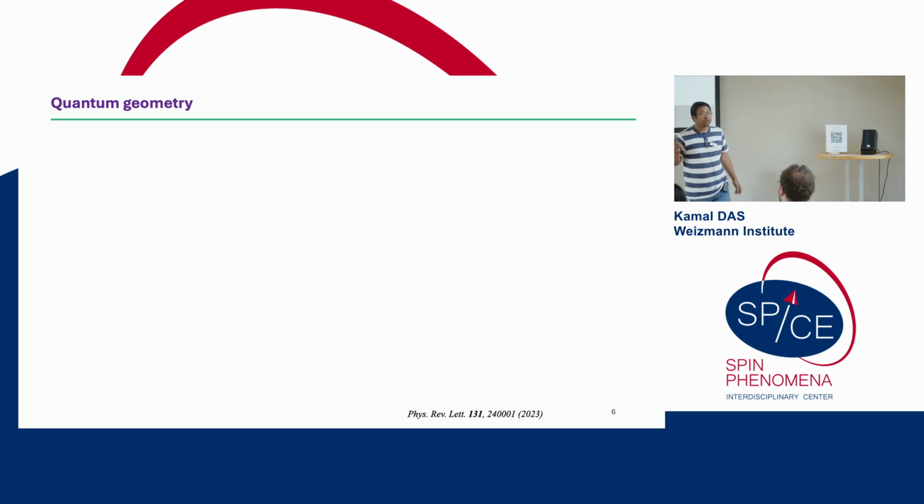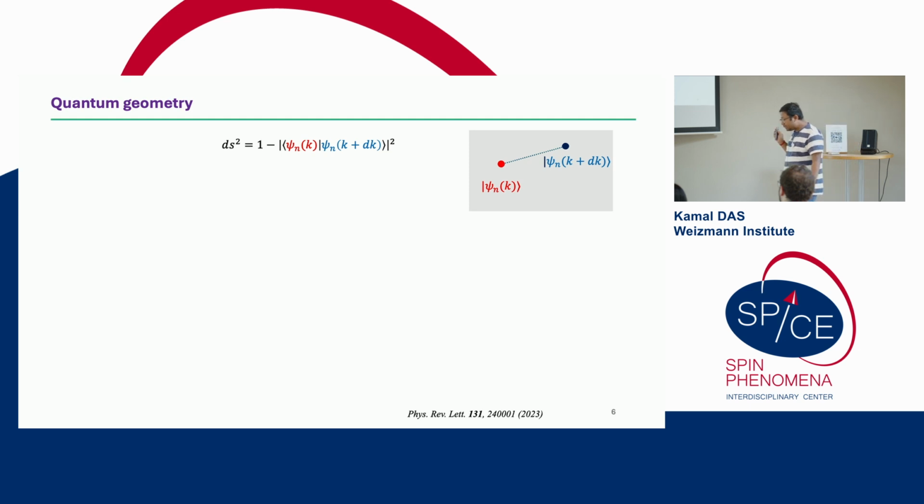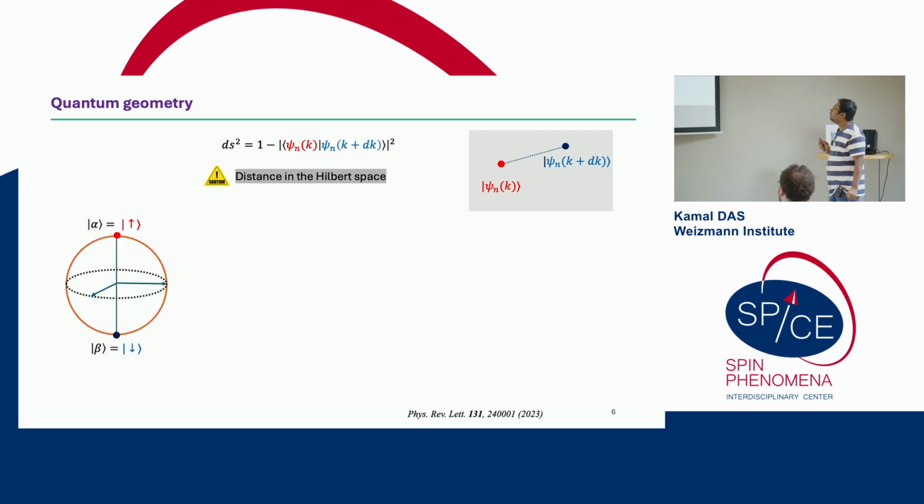When we think about geometry, the first thing that comes to our mind is the distance between 2 points, okay? And the concepts of quantum geometry appear very naturally if you define the distance between 2 quantum states. So here is a caution: this distance is not the distance in the reciprocal space, okay? It's a distance in the Hilbert space.